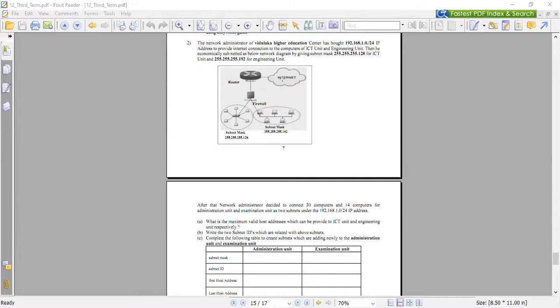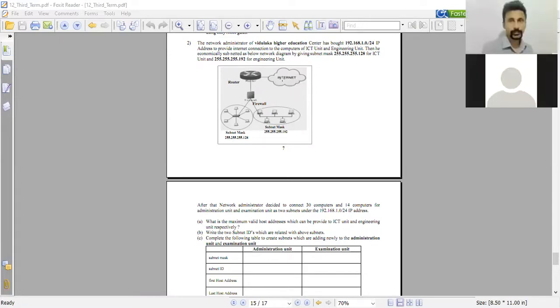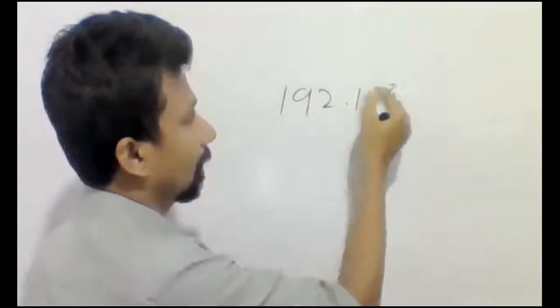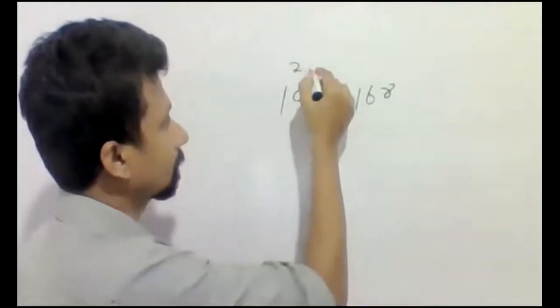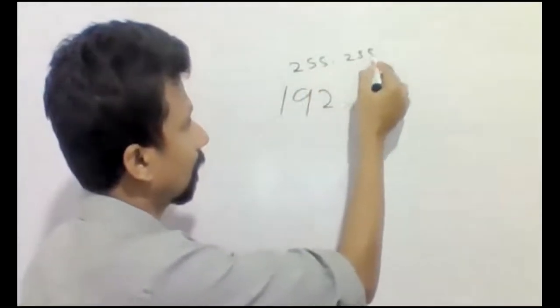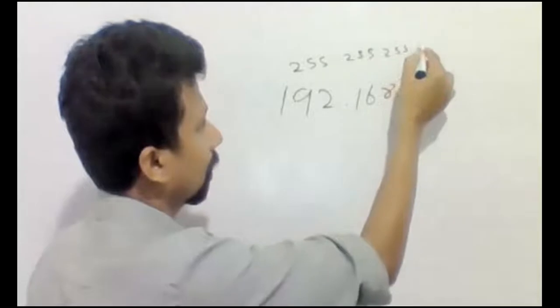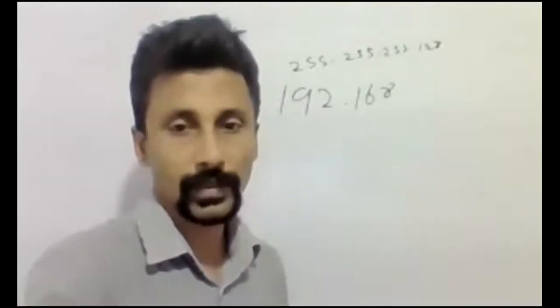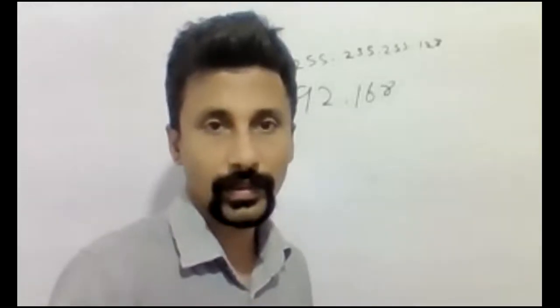So the ICT unit. I'll take it like this. So for the ICT unit, they have given the mask 255.255.255.128, right? Subnet mask they have given.